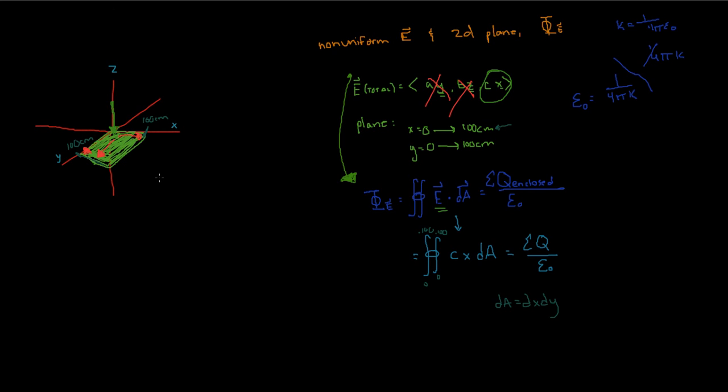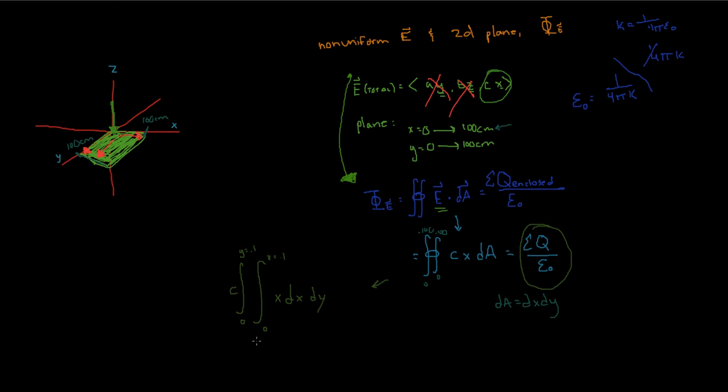So now if we simplify this integral and pull the constant out in front, we have the constant C, which is just any number that they give you, times the integral from y equals 0 to 0.1, and then the integral from x equals 0 to 0.1, of x from our component of the vector, and then instead of dA we have dx dy, and that still equals this, which we will use later.